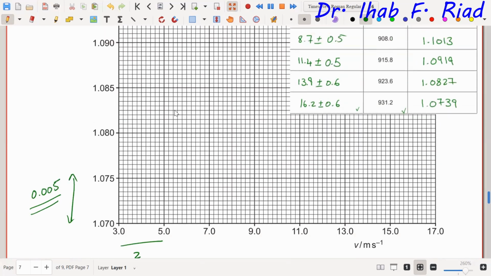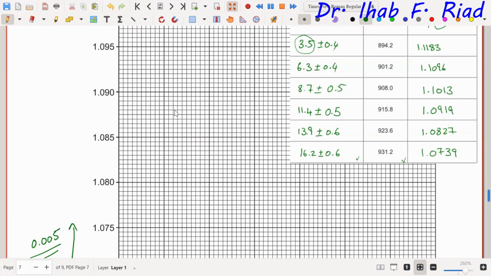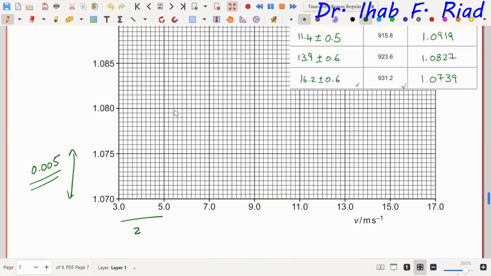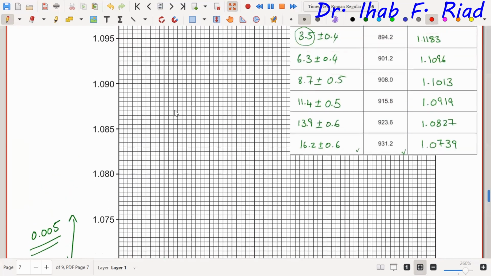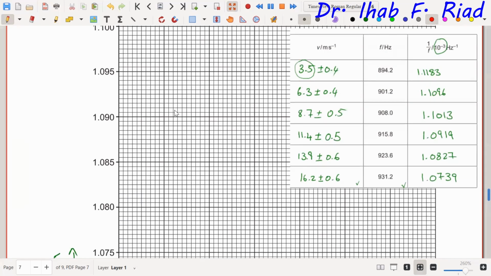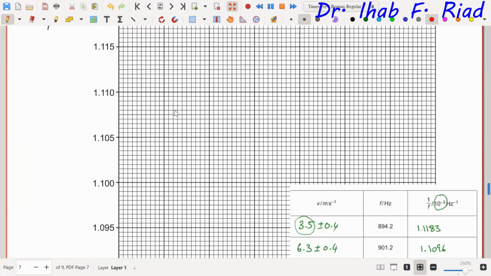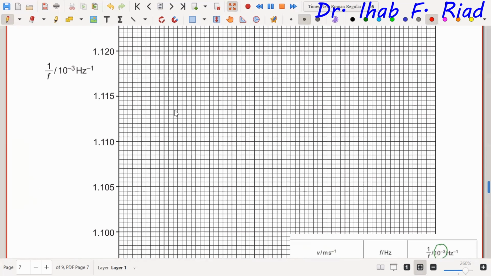Exactly, on the x-axis. So let us do the first one, 3.5. It is 2.5 steps from 3. Yes, around here, right? And we have 1.1183. Where is it? It is around here, right?